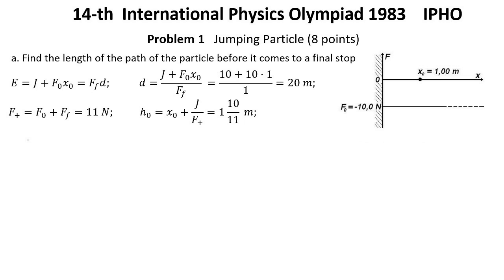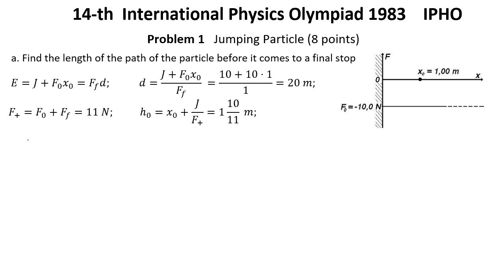Since the initial energy of the particle was E equals 10 joules, the height to which the particle rises above the initial height x0 is equal to E divided by F plus, or 10 divided by 11 meters, and the total maximum height h0 will be equal to 1 and 10 divided by 11 meters. Now the particle begins to move downwards.